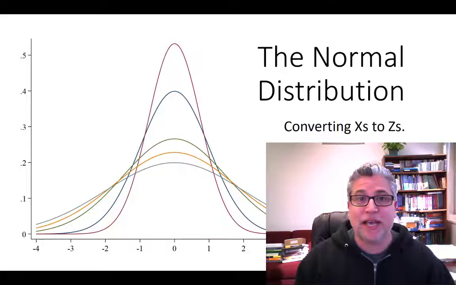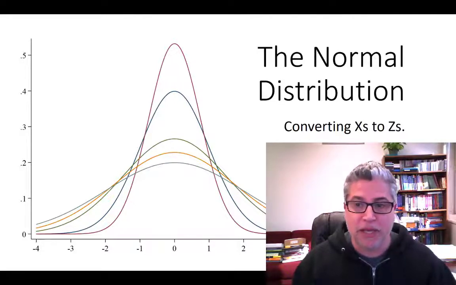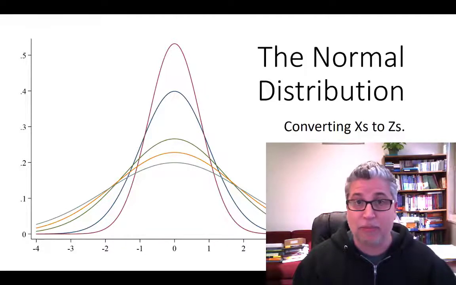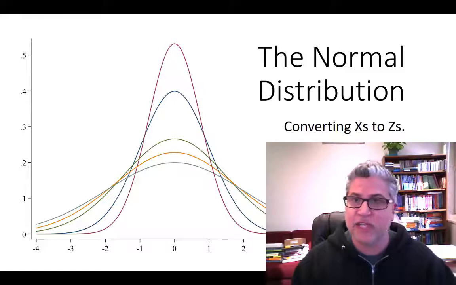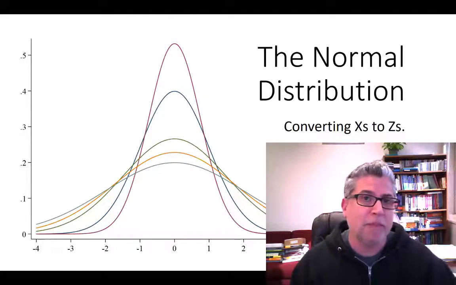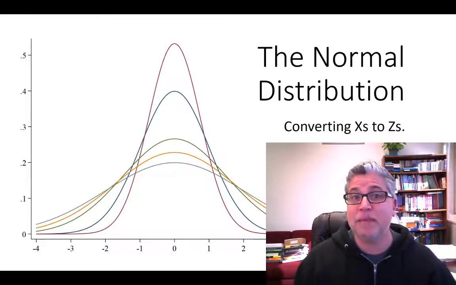Now, way back in the day, we used to have to do that because you had to get your probability answers from a table, and there was only one table. It was for the standard normal. These days, you don't quite need to do that to answer probability questions, but you do need to learn this technique because it's going to come up many times.